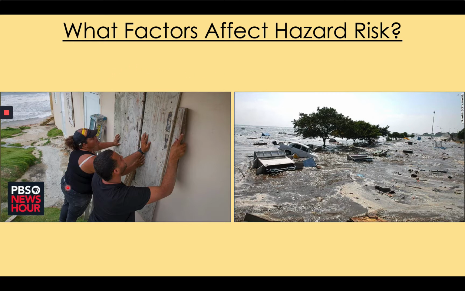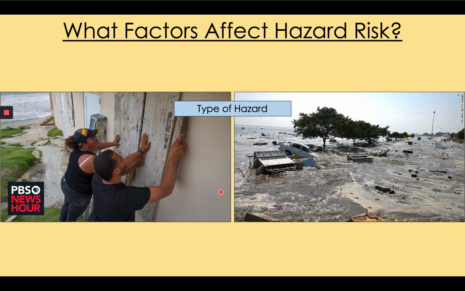And so these people, having heard on the news that a hurricane is coming, have had time to board up their windows and gather supplies and make sure they have no loose objects in the streets or in their garden that can fly and damage them or their homes. Whereas here, although there was a warning, they had much less time, and the tsunami that came in destroyed an enormous amount of land and livelihoods on the coast.